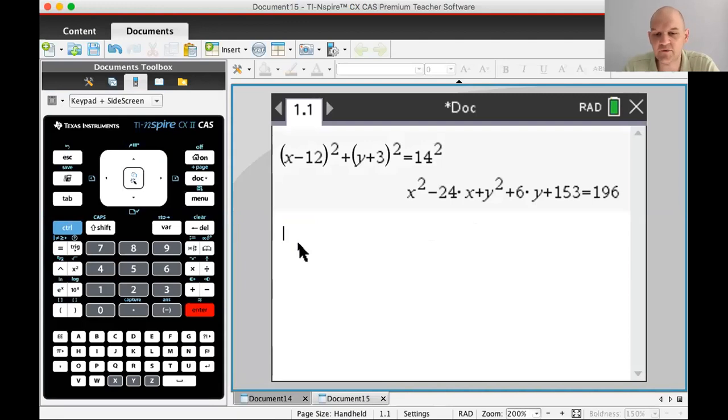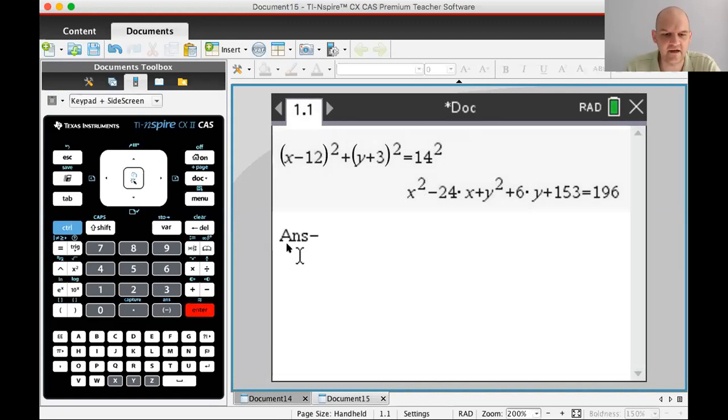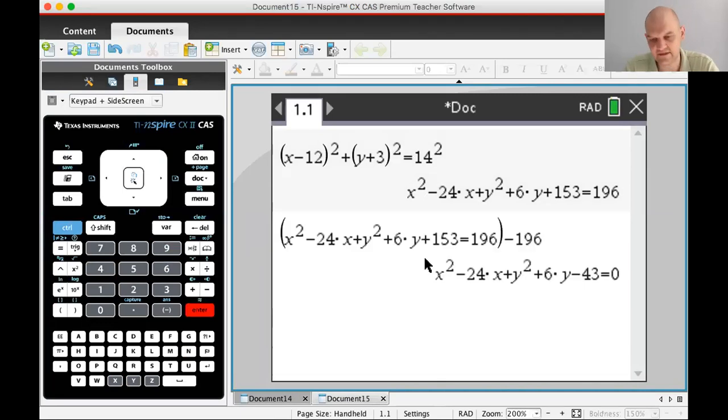Then I want to subtract 196. You can just press minus, but I have to choose answer minus, because there's a minus and then there's a negative sign, and when I press it on the keyboard, I don't think it's set to either one, so I have to choose, which is convenient but also annoying. So minus 196, and we get that, which is what we got.